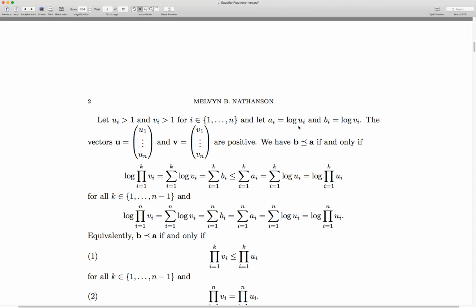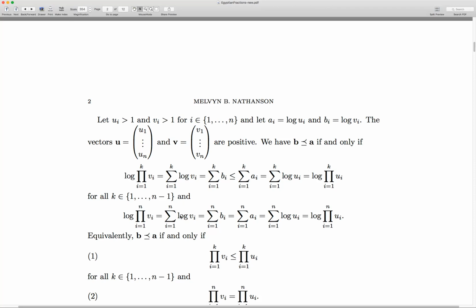The coordinates of a are the logs of the u's, and the coordinates of b are the logs of the v's. So when I do that, if a majorizes b, what does that mean? It means the partial sums of the b's are less than or equal to the partial sums of the a's, which means the sum of this logarithm is less than this sum of logarithms, or the log of this product is less than this.